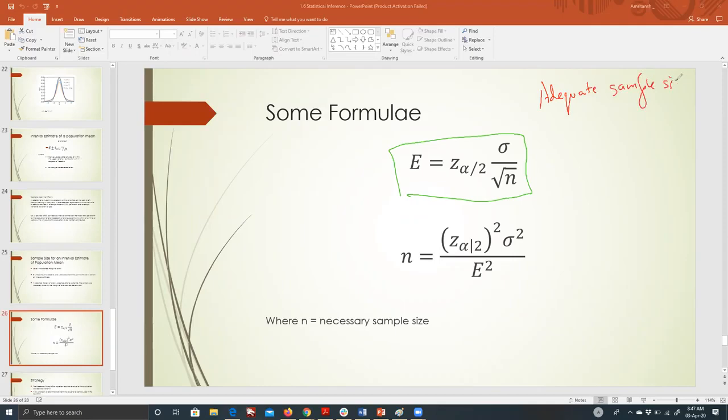So I simply tell them, if you have no information, just go by root of N. Sorry, my bad, n should be root of capital N. But that's like a thumb rule. It doesn't always work. So when you have been given a Z confidence interval and everything, it is better to estimate it like this because this will be more clear.